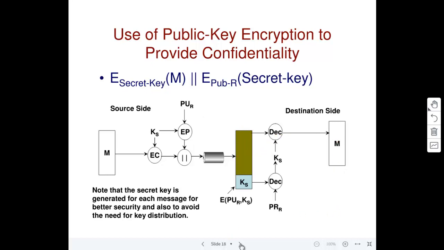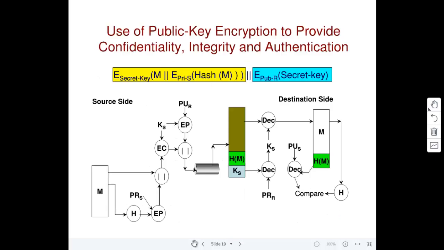Now for the third one, you first generate the secret key, which is shown here, the KS, and encrypt that with the public key of the receiver, that is this portion. Now you have to append with this, so before this you have to send this portion.